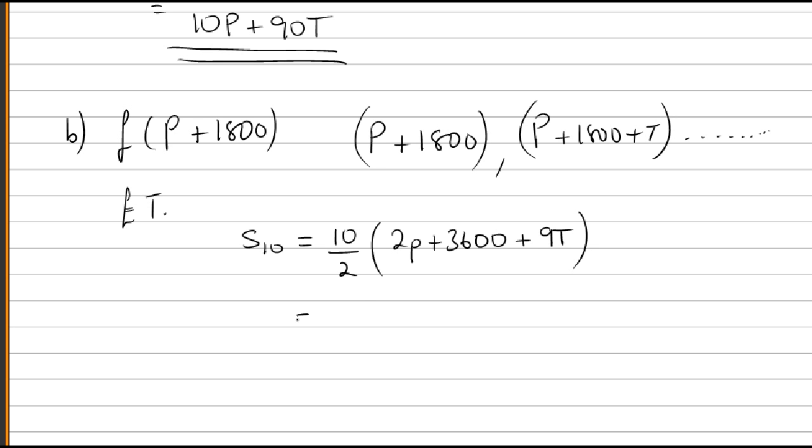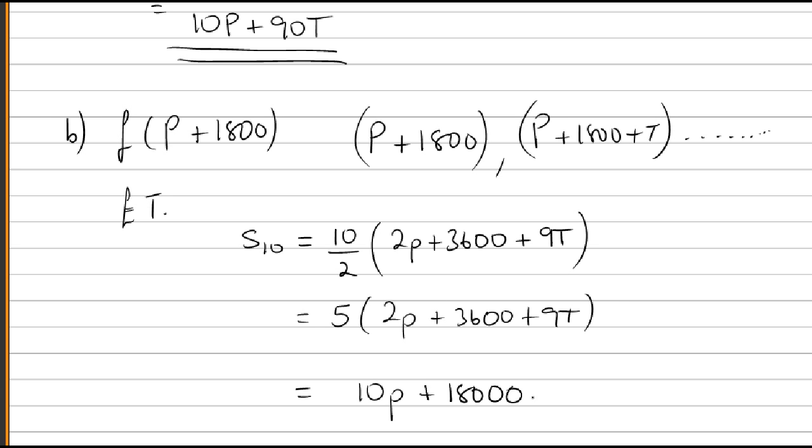Just need to tidy this up, so we've got 5 and 2p plus 3600 plus 9t, and multiplying through we get 10p. Well, 5 times 3600 is 18,000 plus 45t.